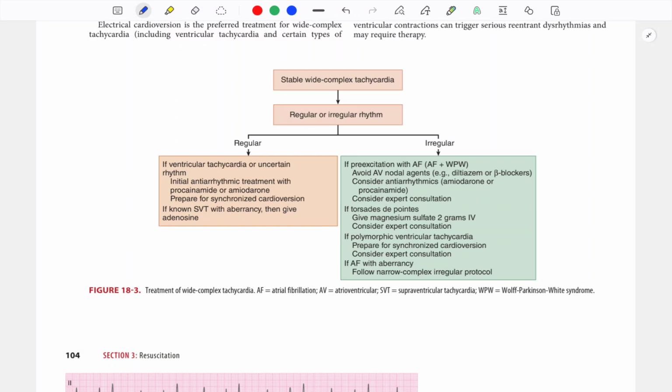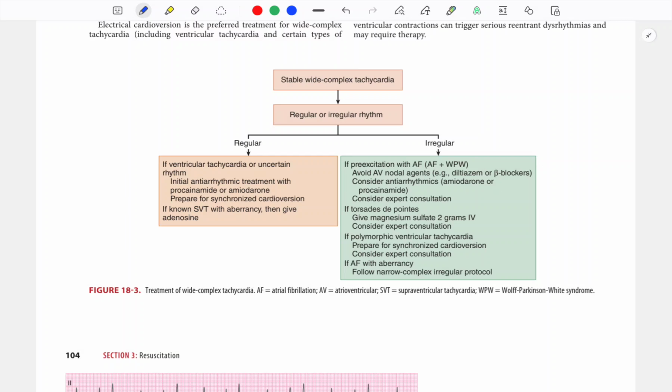If we have a patient with stable wide complex tachycardia, first we need to know if it is a regular or irregular rhythm. If it is regular, it's most likely monomorphic VT or SVT with aberrancy. If it is irregular, it is polymorphic VT or SVT with aberrancy.